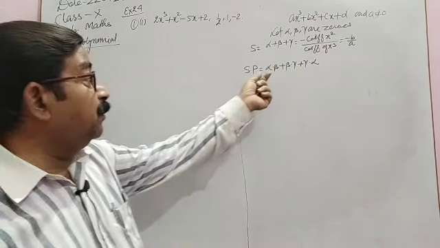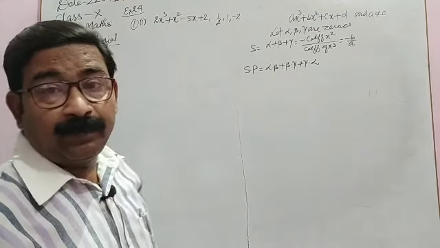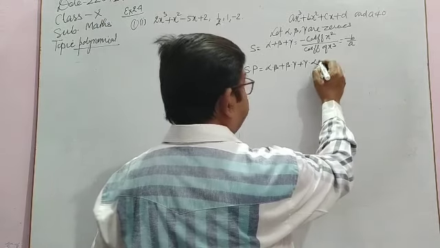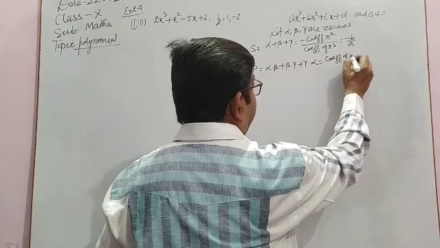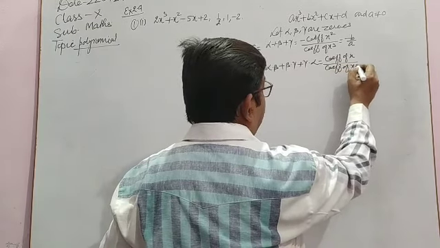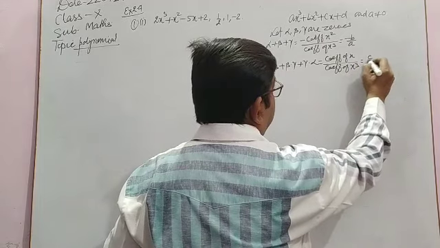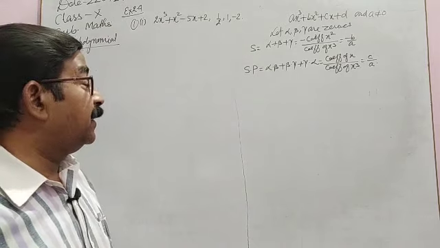We multiply 2 zeros together and take their sum, and this is coefficient of x upon coefficient of x cube. This is c upon a.